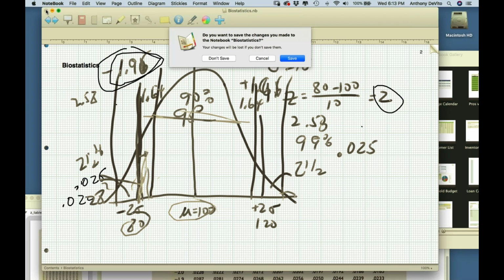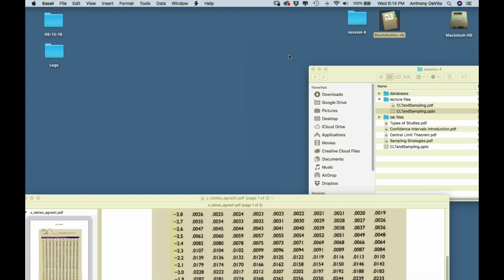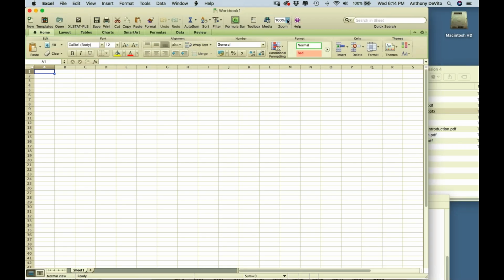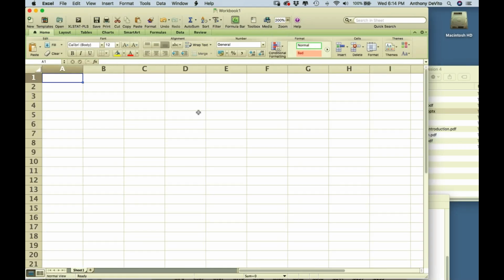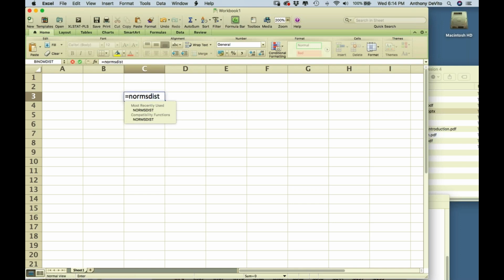Now, just as a reminder, you can always use Excel to help you with some of these calculations. For instance, if I didn't want to use a table, I could look up NORM.S.DIST, parentheses, and then it asks me for what the z-score is.